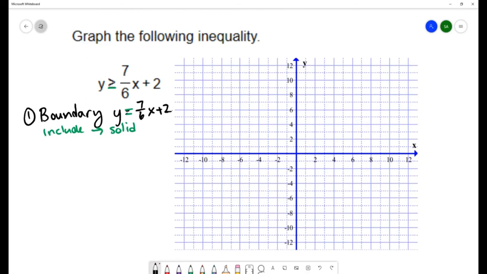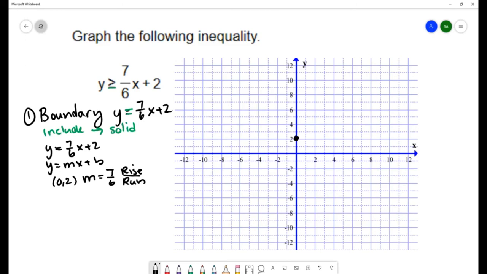Now this linear equation is written in slope-intercept form, that's y equals mx plus b. So we can use the y-intercept of (0, 2) and a slope of 7/6 to get 2 points on the line and draw the line. So we're going to plot that y-intercept of (0, 2). Then I'm going to use the slope.